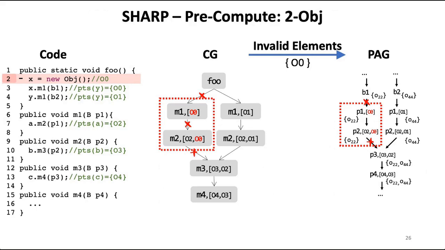Similarly, every call graph node, pointer, and object node which has O0 in its context becomes invalid. A difference here is that we have an invalid pointer pointing to a still valid pointer, P2 to P3. For such cases, we delete their connecting points-to edge and run the deletion algorithm, check and propagate, to update the points-to set of P3 and its reachable nodes.